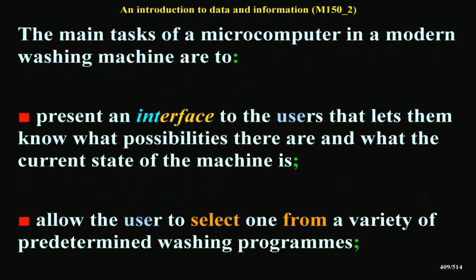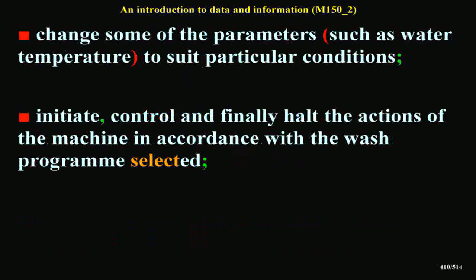The main tasks of a microcomputer in a modern washing machine are to present an interface to the users that lets them know what possibilities there are and what the current state of the machine is. Allow the user to select one from a variety of predetermined washing programs. Change some of the parameters such as water temperature to suit particular conditions.